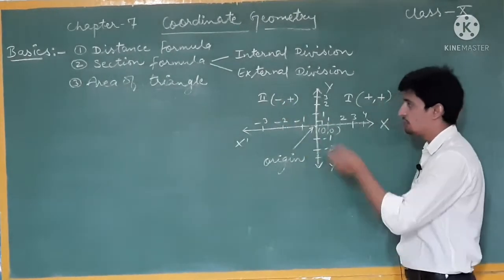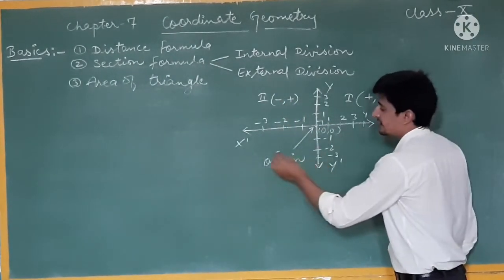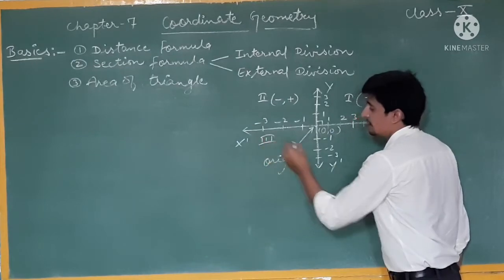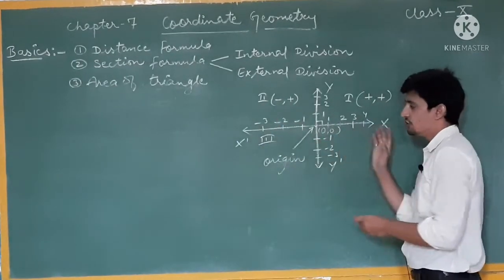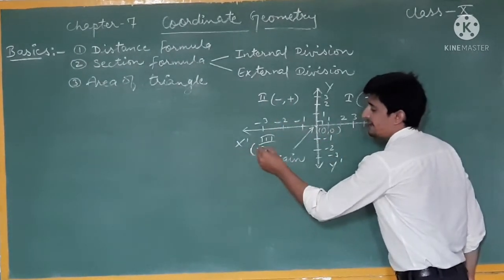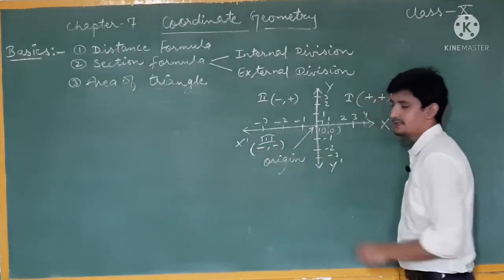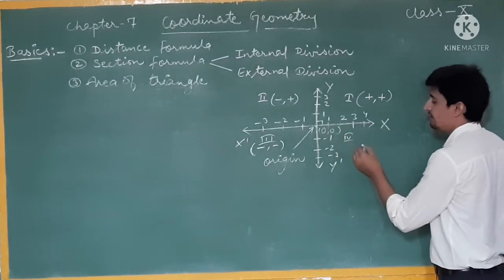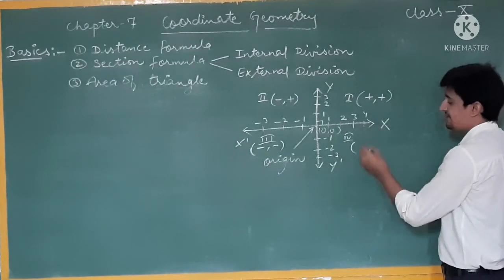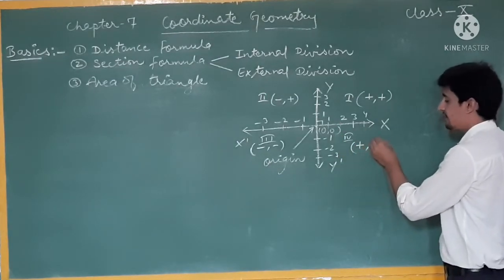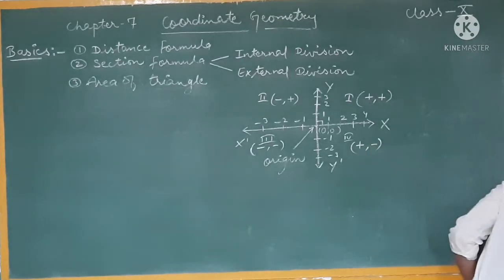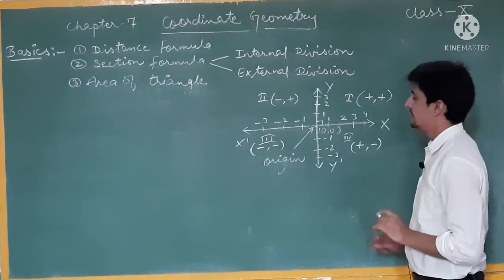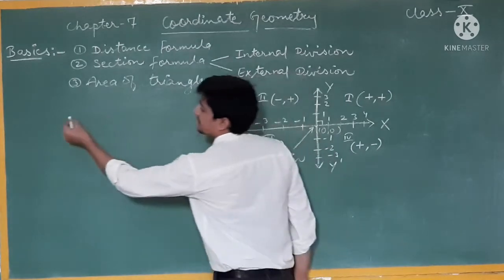In the third quadrant x is negative and y is negative, so minus, comma, minus. In the fourth quadrant x is positive and y is negative. Remember this.